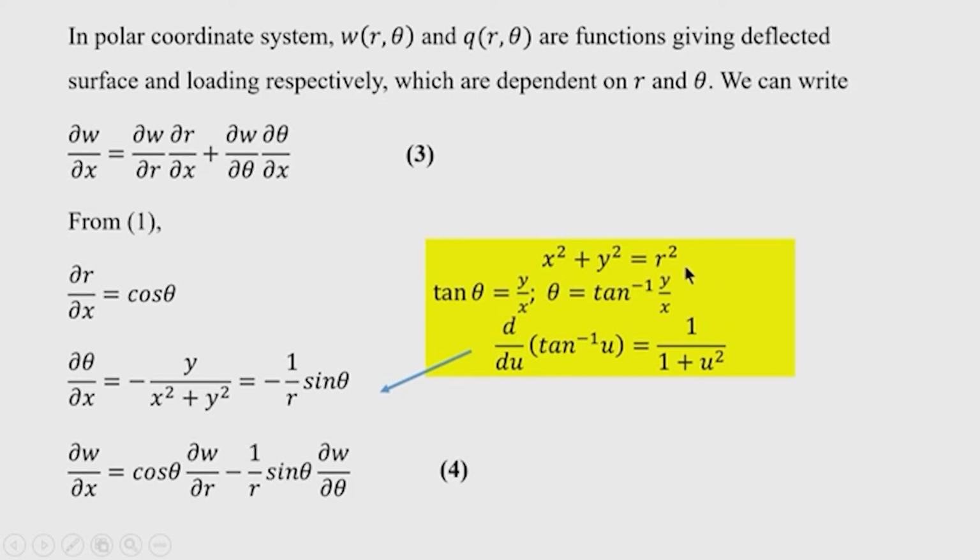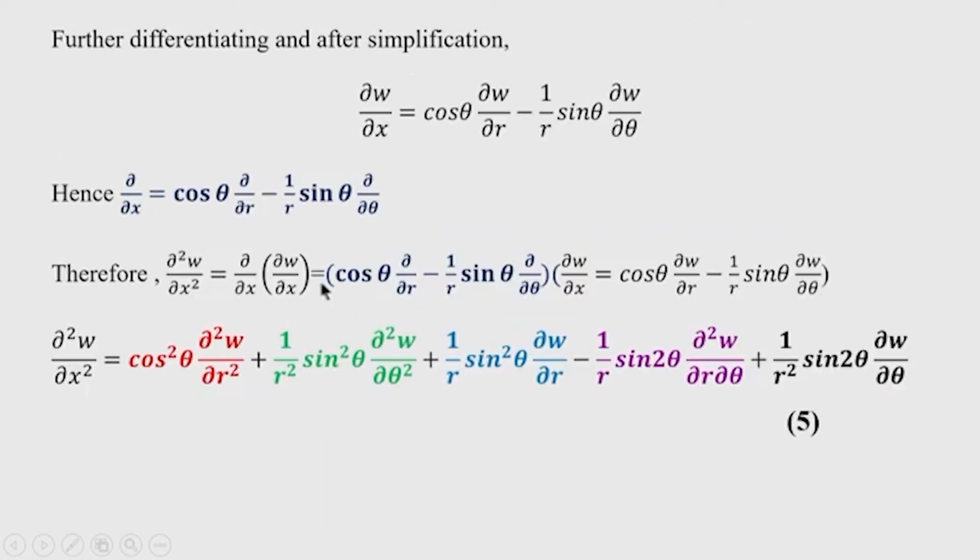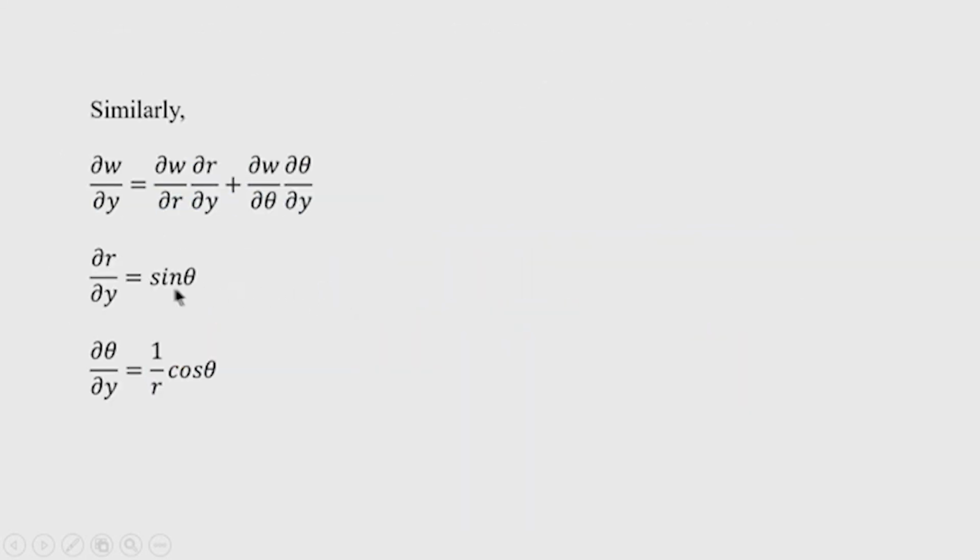So, you find del r by del y equal to y by r, and in the polar coordinate system y is r sin theta, so r will get cancelled. Then del theta by del y you will get in a similar fashion as 1 by r cos theta.